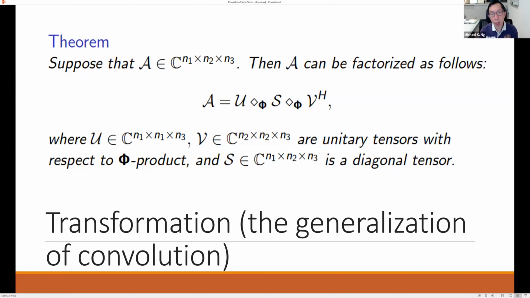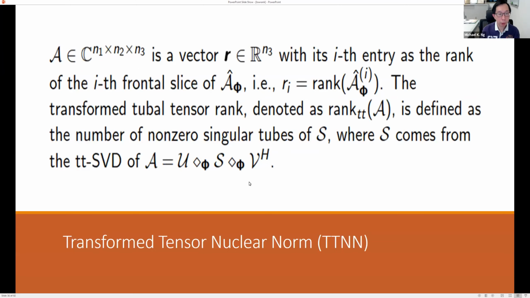So we extend this idea to the unitary transformation, and then also get this Tensor SVD structure. Then we can still define the transform tensor nuclear norm.